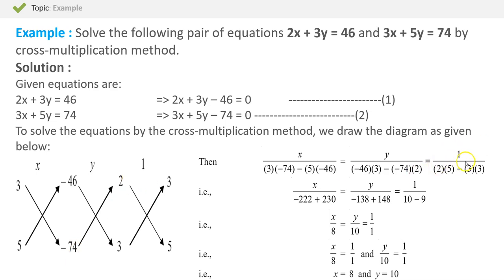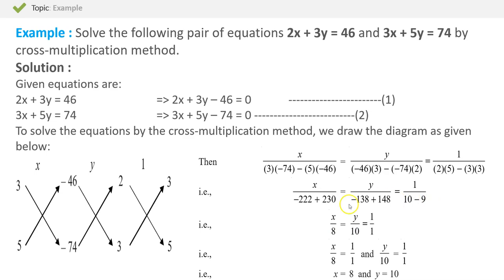And now 1 divided by 2 multiplied by 5 minus 3 multiplied by 3. Now you can simplify this. It gives you x divided by minus 222 plus 230, y equal to minus 138 plus 148, and 1 divided by 10 minus 9.